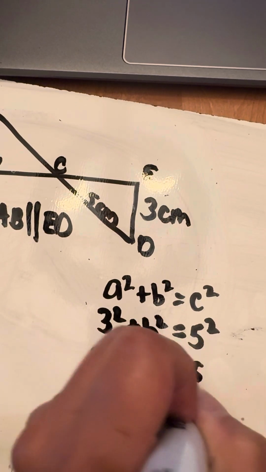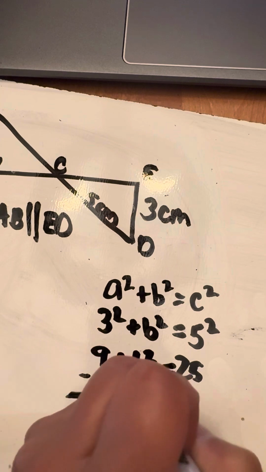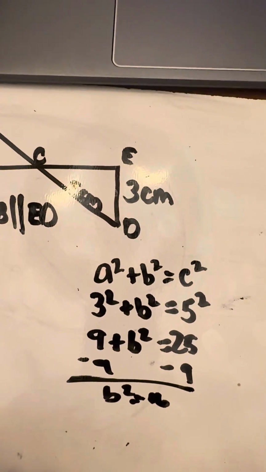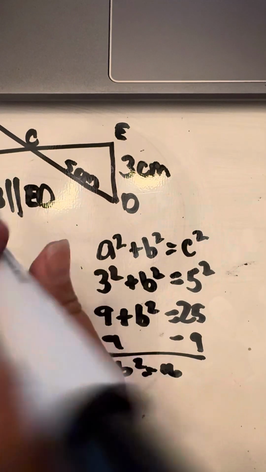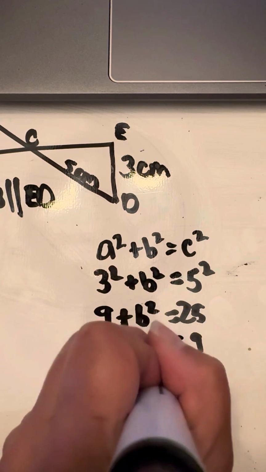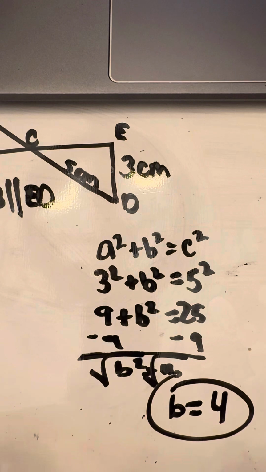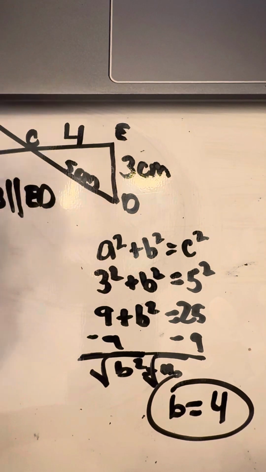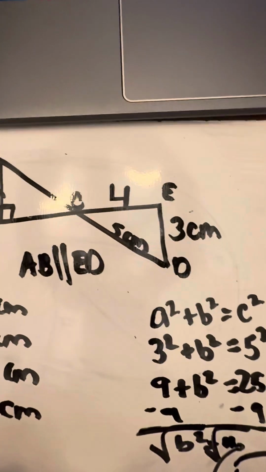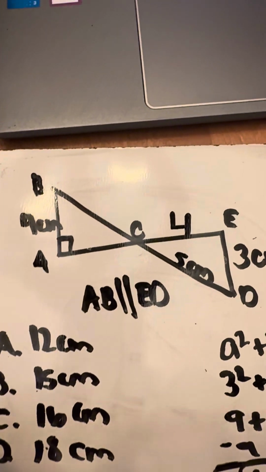Subtract 9 on both sides. b squared is equal to 16. We want to do the opposite operation of squaring, which is to square root it. So square rooting 16, you get b is equal to 4. So this triangle up here is a 3, 4, 5 triangle, as I already stated.